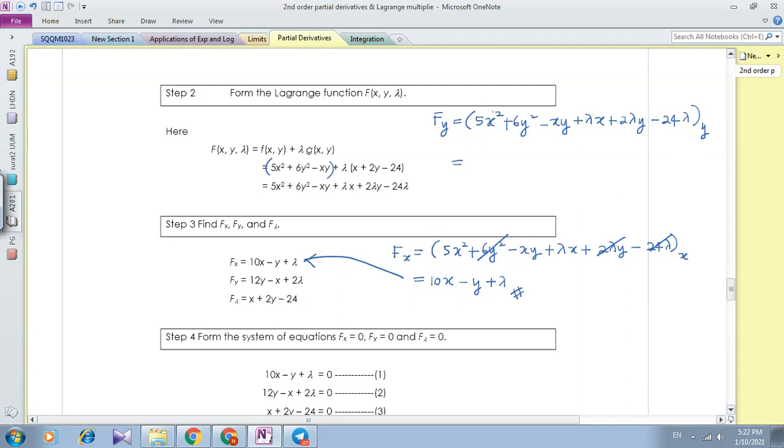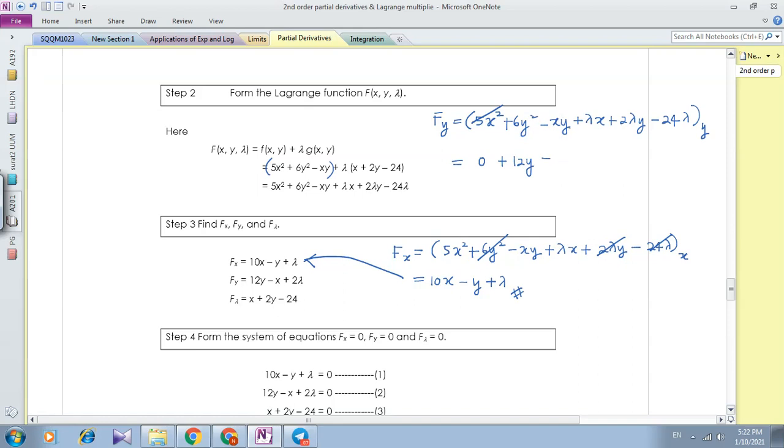The first term gives 0 because we do not have any y term. The second term becomes 12y. To differentiate minus xy, we get minus x, and for the next term we get 0. For the next term we get 2 lambda, and for the last term we get 0 because we do not have any y term.